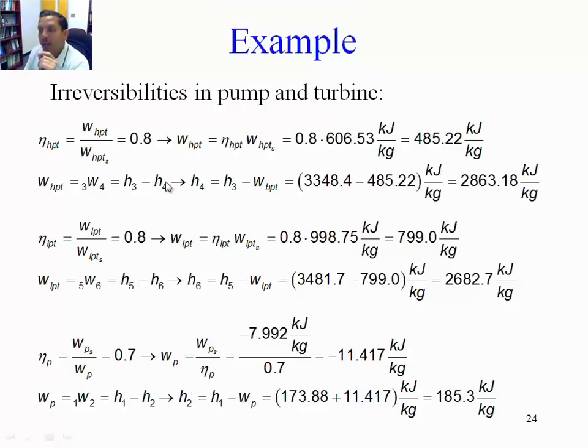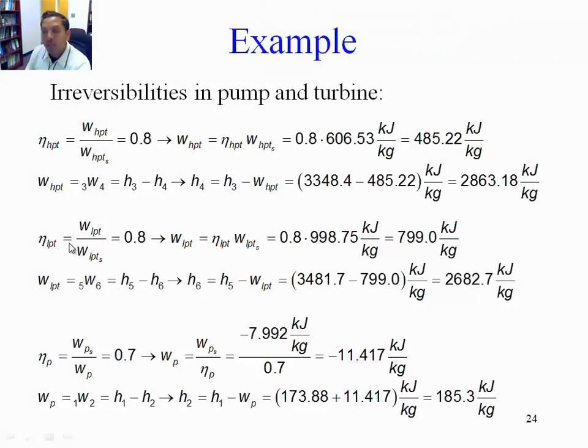But we can calculate H4 by saying from the first law of thermo that the work from 3 to 4 is equal to minus delta H from 3 to 4. So we can find H4. And H4 now, the real one, is H3 minus the actual work in the turbine. So the enthalpy at point 4 is 2,863.18.